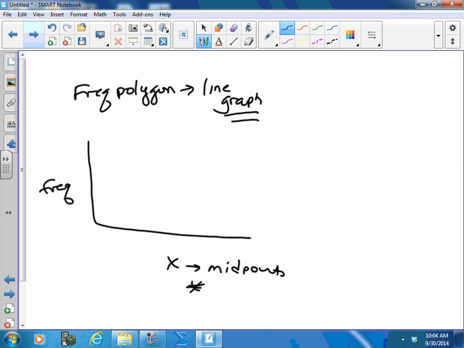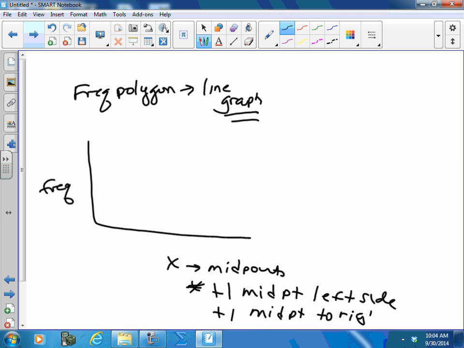You need to add one midpoint to your left side, and then to the right side. So make sure you factor that in. In other words, this had 7 classes. Our 7 classes, we had to make 8, 9 things.